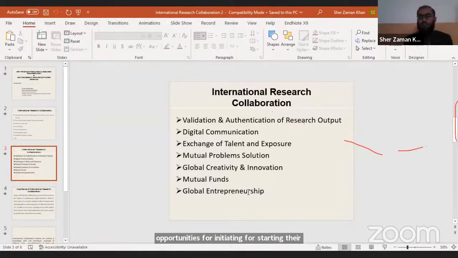So by having good relations, they can build national and international entrepreneurships. And as we know, entrepreneurship is the key driver of economy for every country, whether developed, developing, or underdeveloped. It doesn't matter, but it boosts the economy of each and every country, and no country can deny its importance.